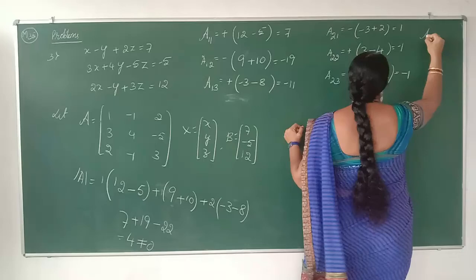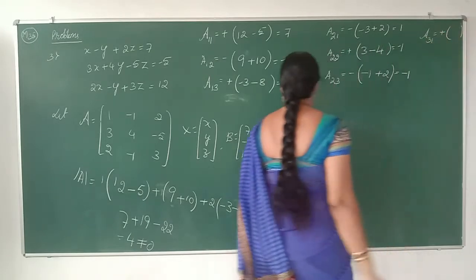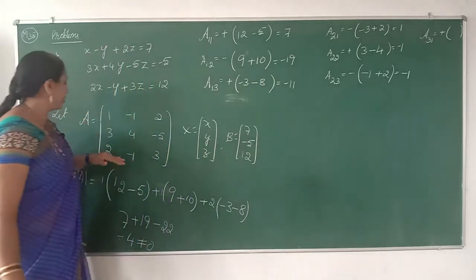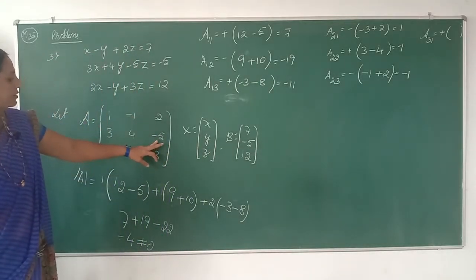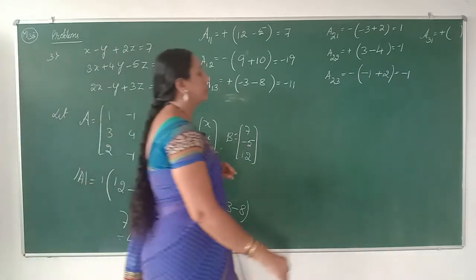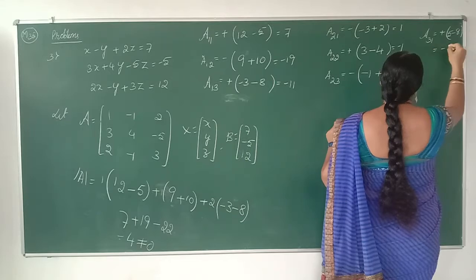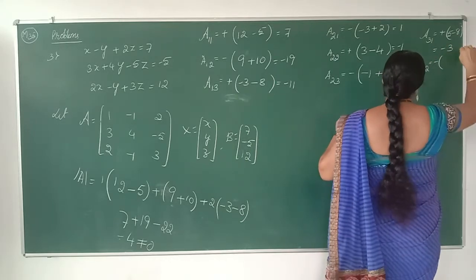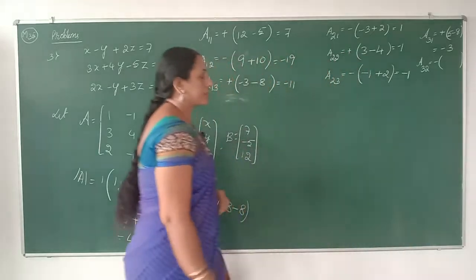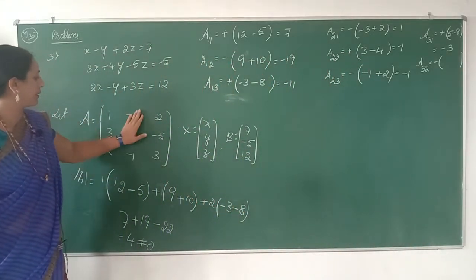The next element is A31. A31 is multiplied by plus, and it's an element of third row, first column. So minus into minus is plus 5 minus 8. 5 minus 8 will be equal to minus 3. A32 is multiplied by minus, and it's an element of third row, second column. These get neglected.